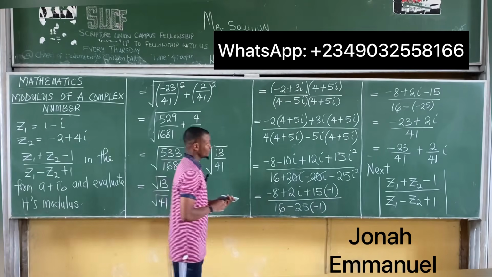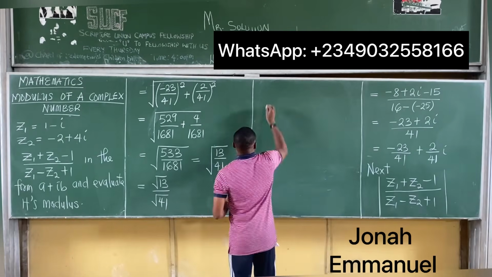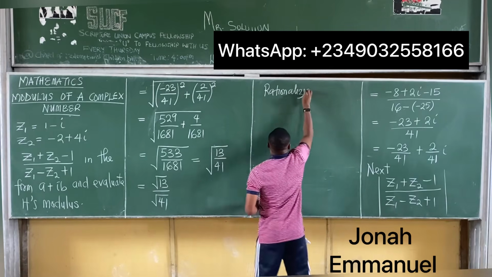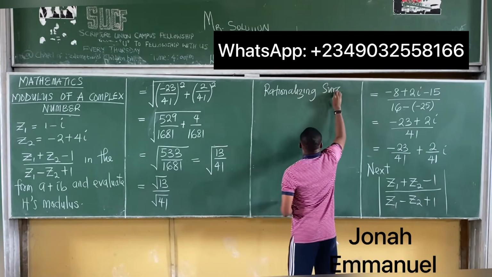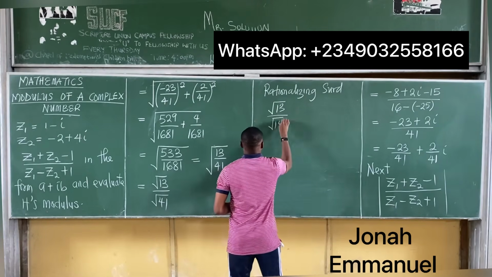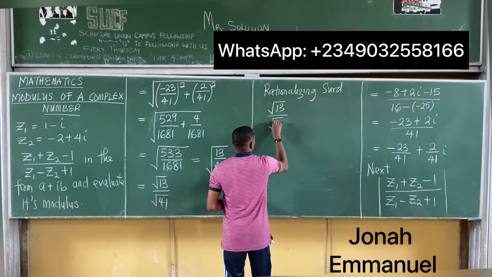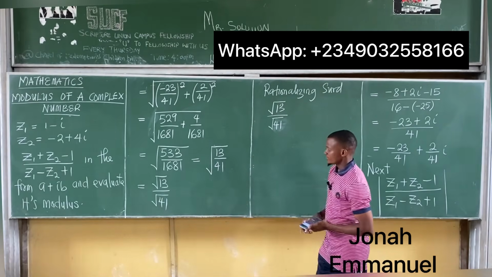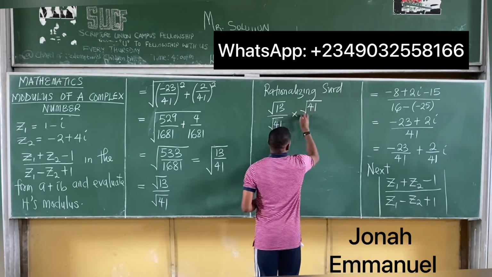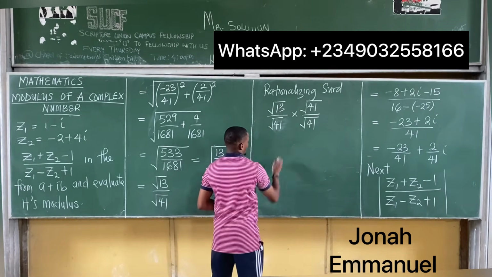Rationalizing the surd, we have root 13 all over root 41. To rationalize a surd in this form, you simply multiply numerator and denominator by the denominator. That's it.